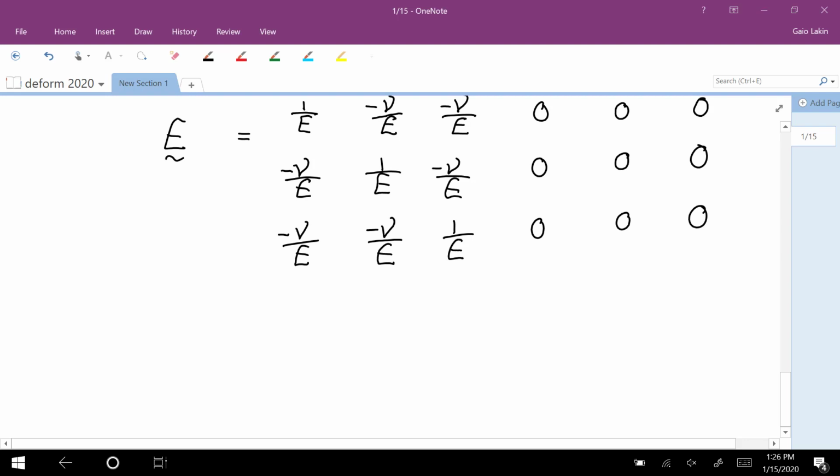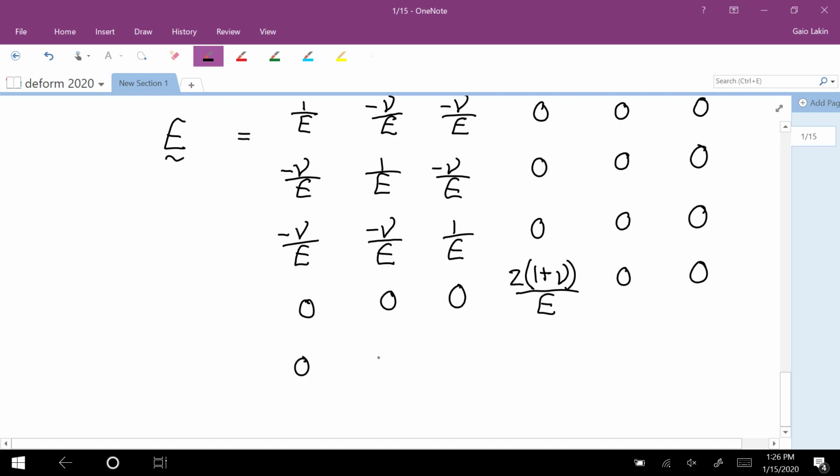And now in the fourth row, we start out with 3 zeros. And then the fourth element is 2 times the quantity 1 plus nu over E. And then 0, 0. And now for the last 2 rows, this just moves over to the right 1 time each row.